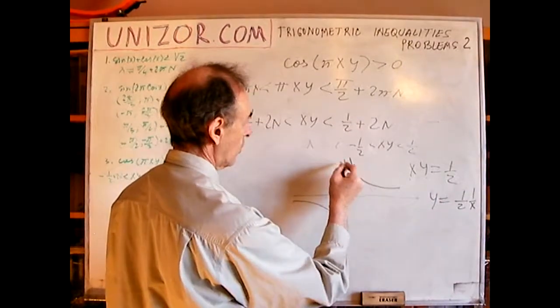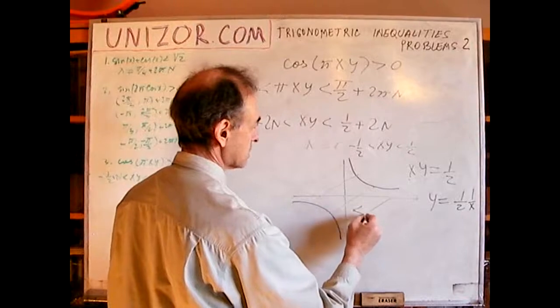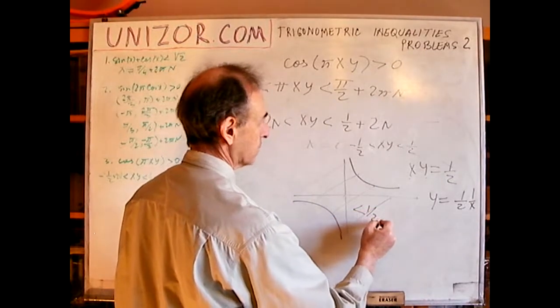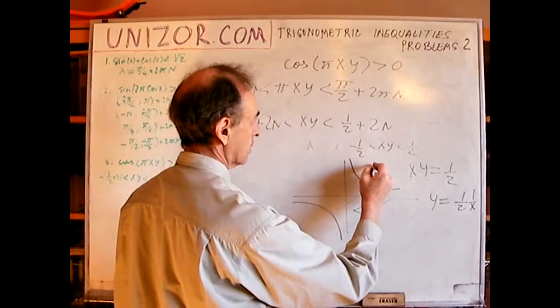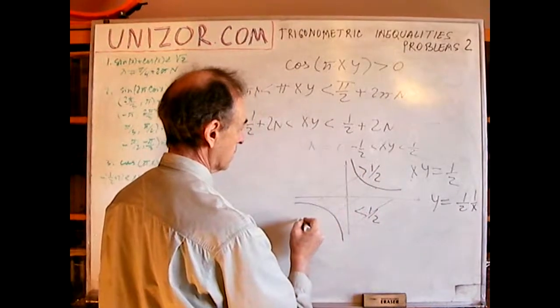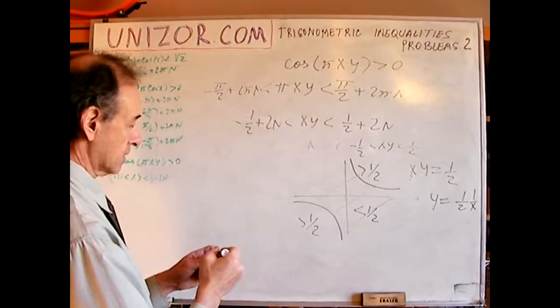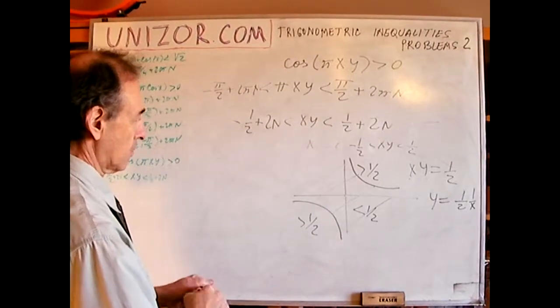So the whole area which is in between these two is less than 1/2. Here xy would be greater than 1/2, and here it would also be greater than 1/2. So that's how we have divided our plane into different areas, right?